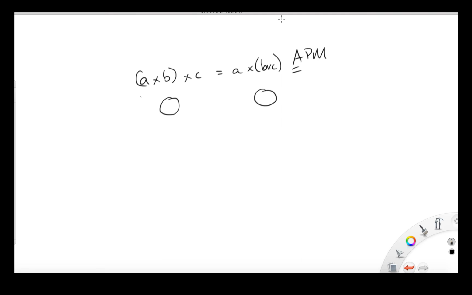In other words, if you see parentheses, you know that you're already talking about associative property. It just depends on whether it's showing a multiplication sign, then it's multiplication. If it's showing an addition sign, then it's APA, associative property of addition. Multiplication, associative property of multiplication. All right? So that's the lesson as far as that is concerned.